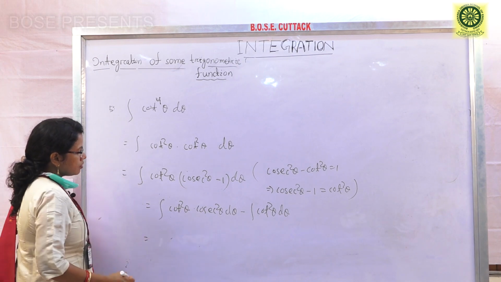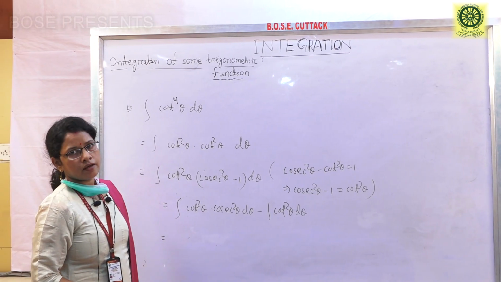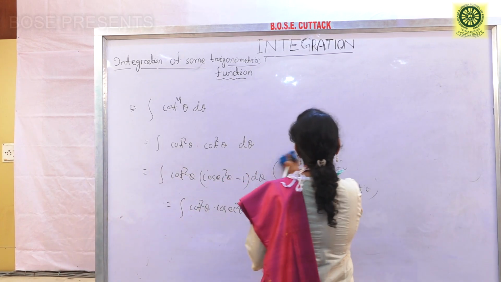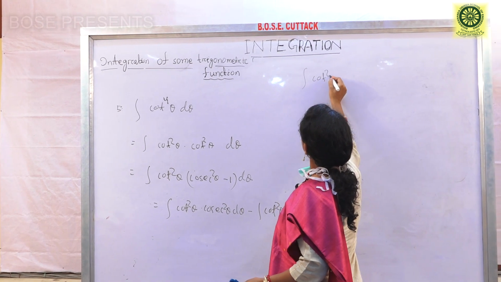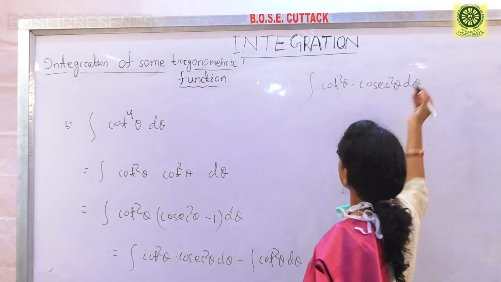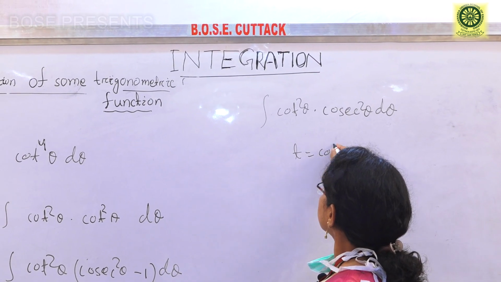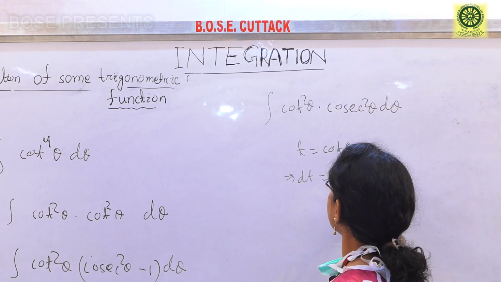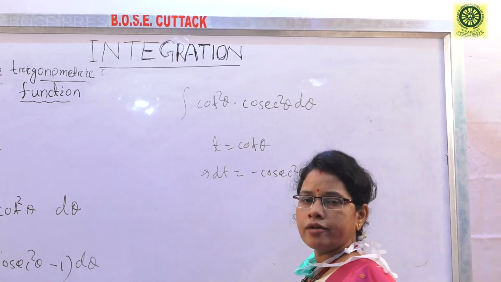Now here you can notice that the derivative of cot theta is minus cosec square theta. Let us integrate this integral separately here, that is cot square theta into cosec square theta d theta. If you take t as cot theta, dt by d theta is equal to minus cosec square theta.